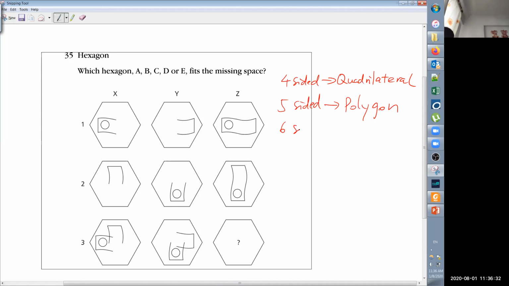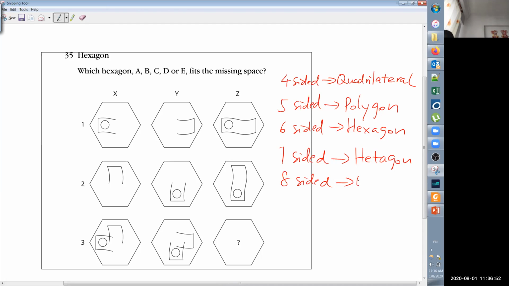So six-sided is hexagon. Seven-sided, heptagon. 然后 eight-sided, octagon. Nine-sided, nonagon. And then last one, 10-sided, decagon.